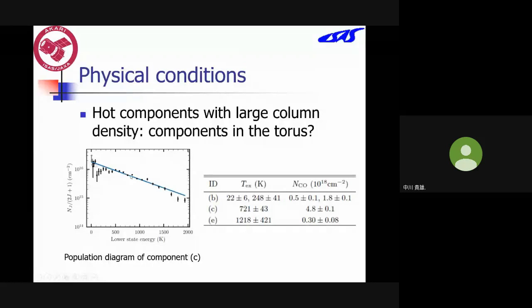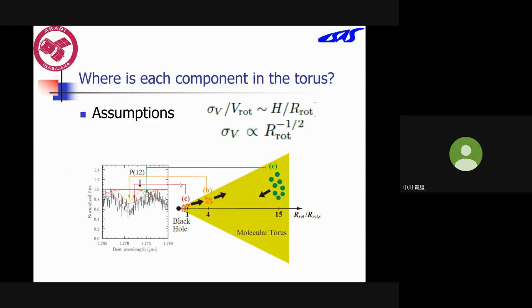If it is linear, it means thermal equilibrium, and it is pretty close to linear, which means thermal equilibrium, and the slope shows the temperature, roughly 700 Kelvin, which is really high. And if it is in thermal equilibrium up to a 2000 Kelvin region or so, we should have a very high density, like 10 to the 7th per cubic centimeter. So we are really observing very hot and also dense components.